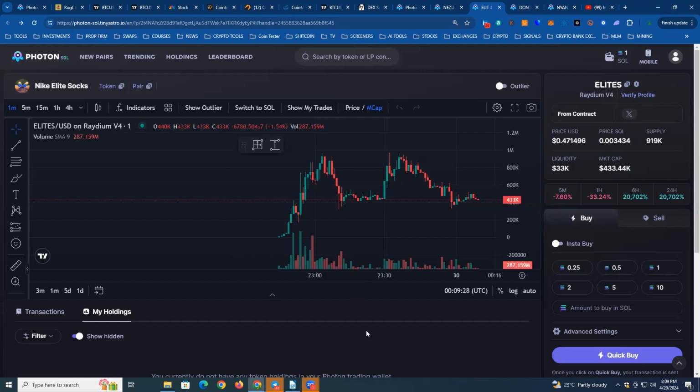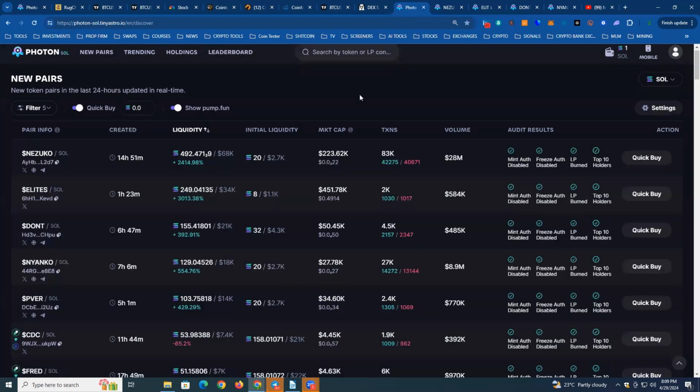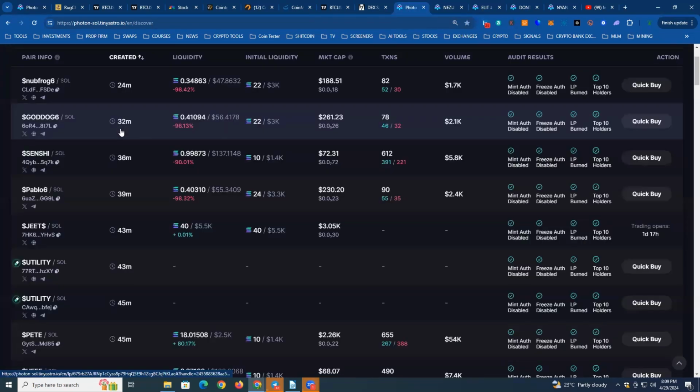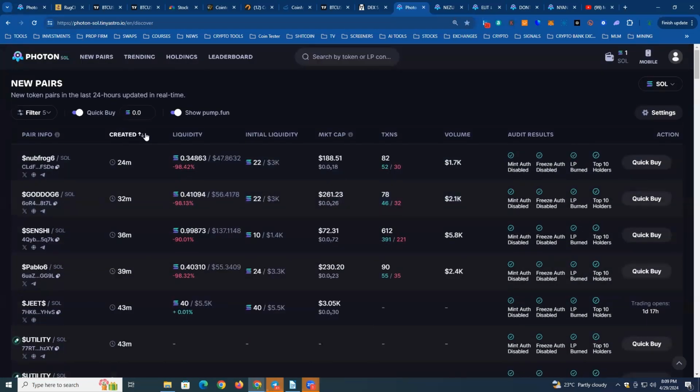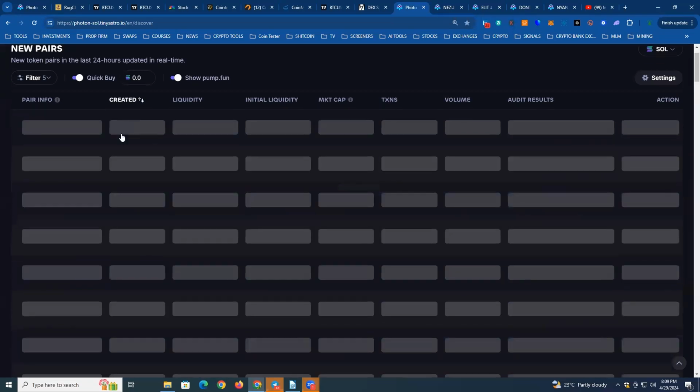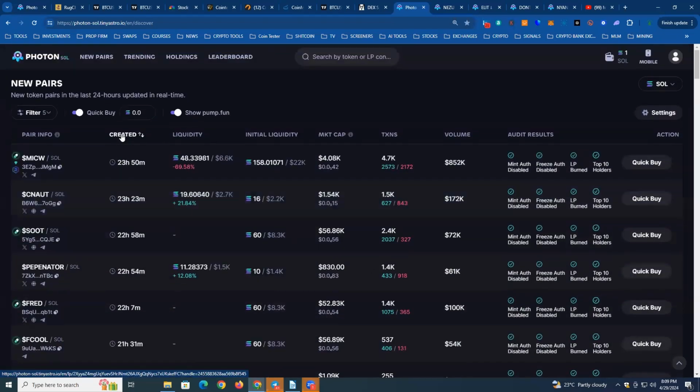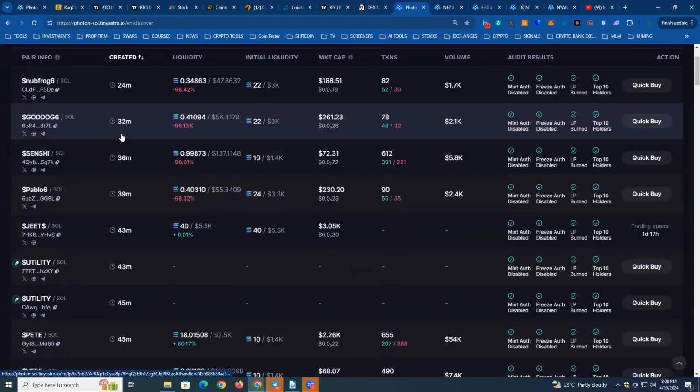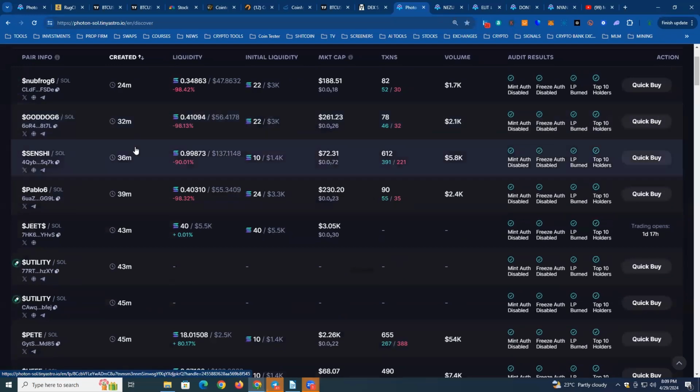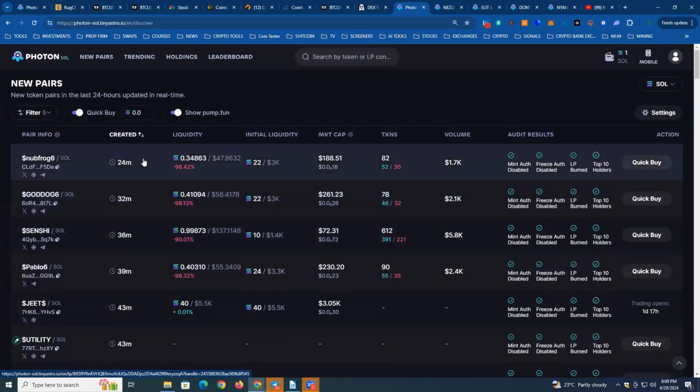Now, keep in mind that because of how young these coins are, literally being 1 second old and so on, you must bear in mind that you will encounter a lot of rug pulls. You'll encounter a lot of coins that literally die rather quickly.